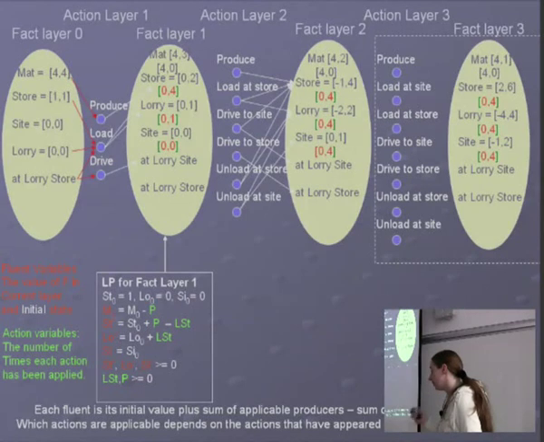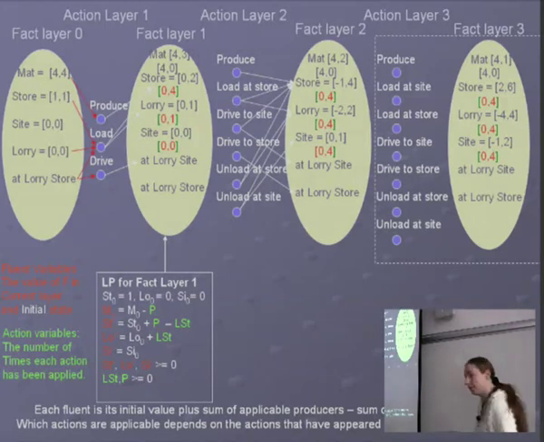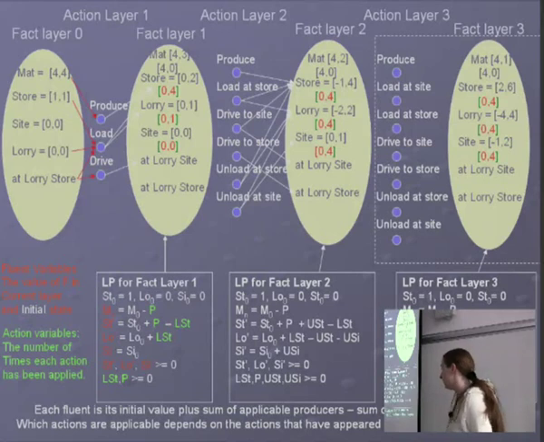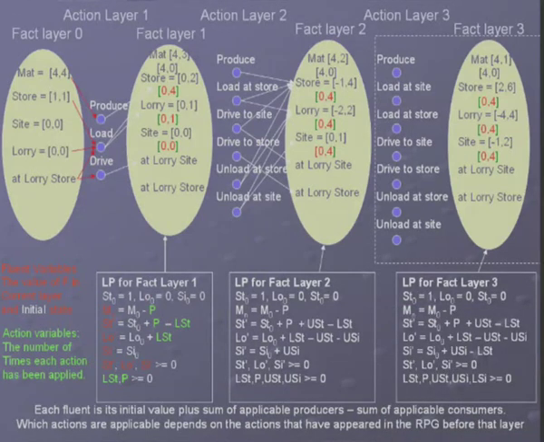And also, these are the values of the action variables. Clearly, we can't negatively apply an action. We either apply it or we don't, so we can't have a negative number of action applications. And fact layer 3, again, we get a few more actions being applicable here. We can now load at the site as well, which affects the number of packages at the site.